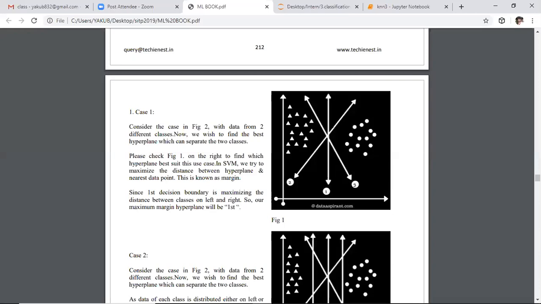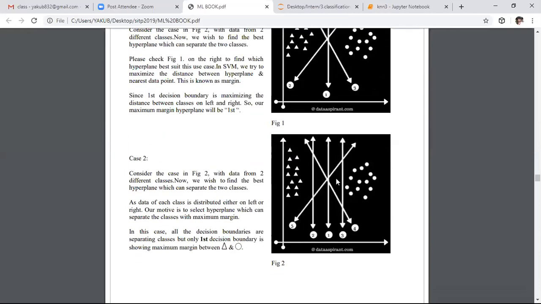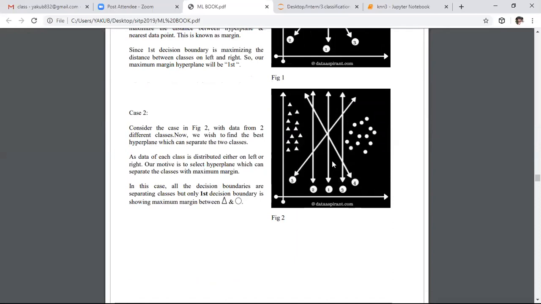The distance from this line to the nearby points is high, so it has a high margin. We need the width of the hyperplane margin to be maximum. We will see that in the later picture. In the second figure, again one line is the optimum classification line.